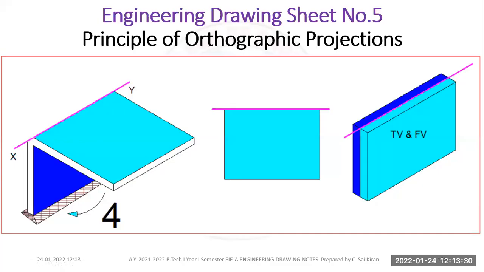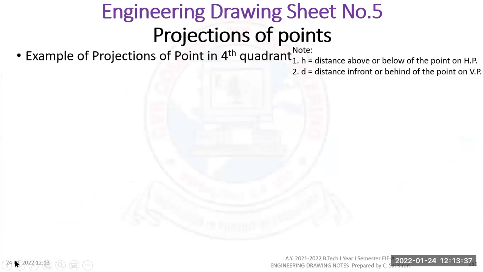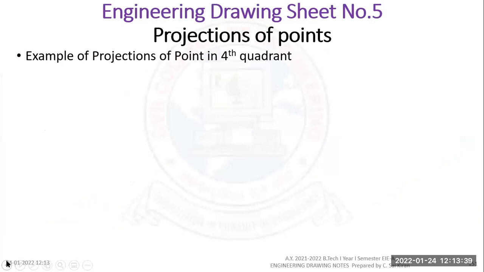So if you see the fourth quadrant, the observer will be somewhere here, and in order to see it, we will rotate in the clockwise direction, and both are overlapping. So front view and top view will overlap with each other in the fourth quadrant.